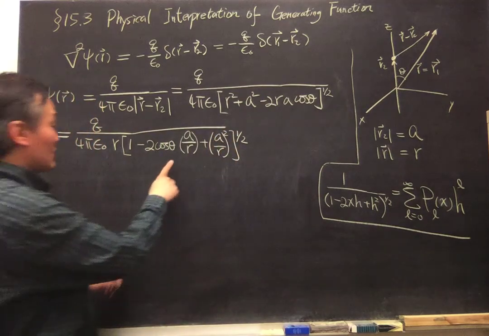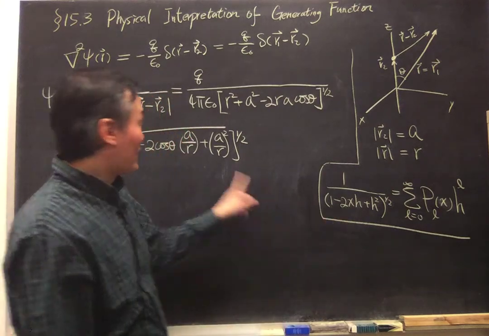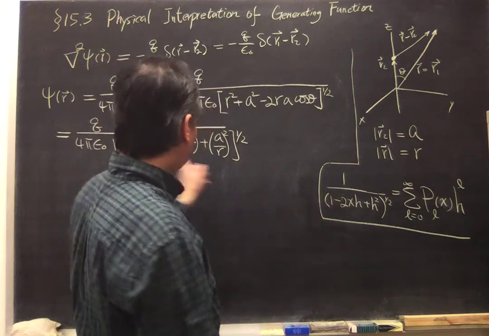That's of a form similar to the generating function. Comparing, h will be A over R, and x will be cosine theta as usual.